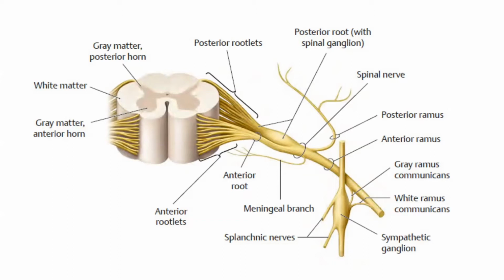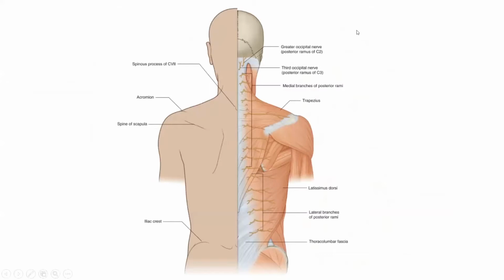So if I go further and look at the organization of the dorsal branch, or the dorsal rami, of the spinal nerve, you can see that they respect the segmental organization of the spinal cord.